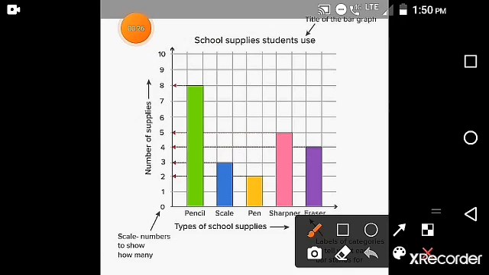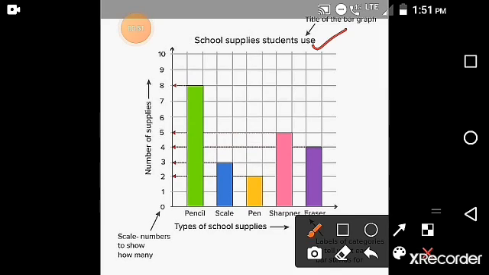Here in the picture what you can see is a bar graph. There are few things which have to be taken care of while you prepare or read a bar graph. The first and foremost thing is there should be a title for the bar graph. If you look at this picture, this is the title of the bar graph: School supplies students use.